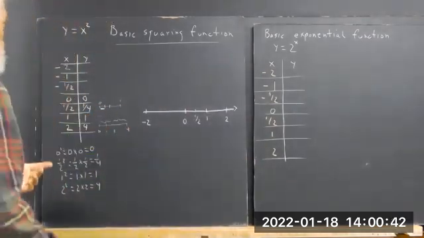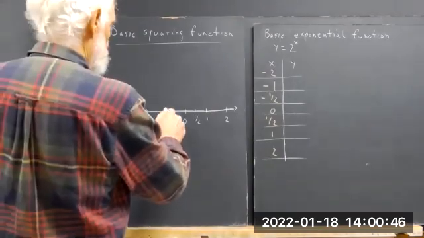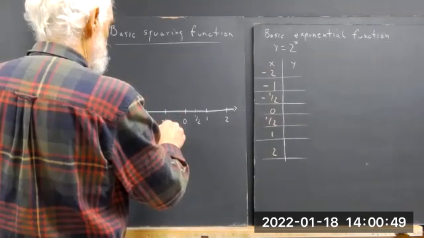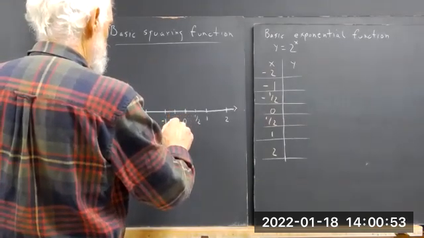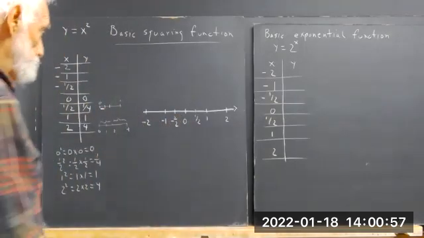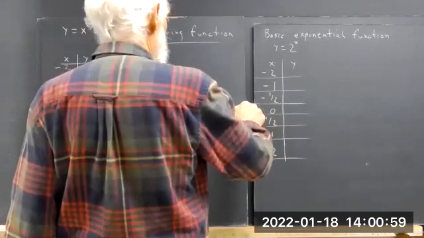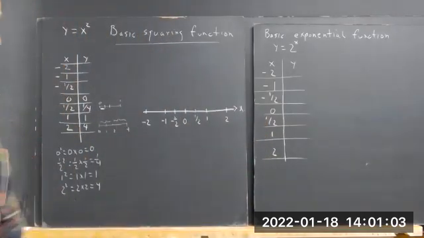On the other side, I've got -2 up to 0. Well, I can subdivide that in half. I get -1. Subdivide the interval from -1 to 0 in half, and I get -1/2. And now I've got all the values I need to plot these points on a graph.